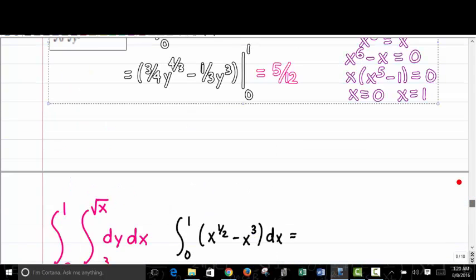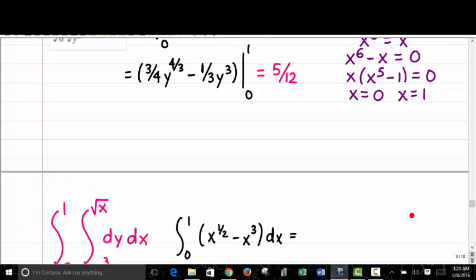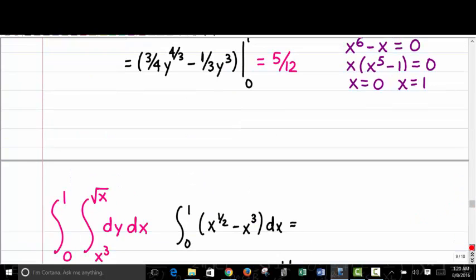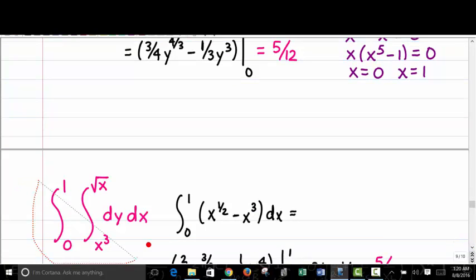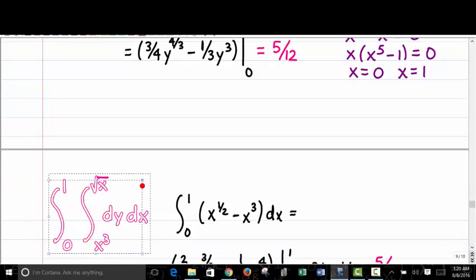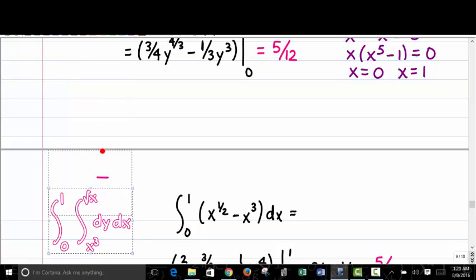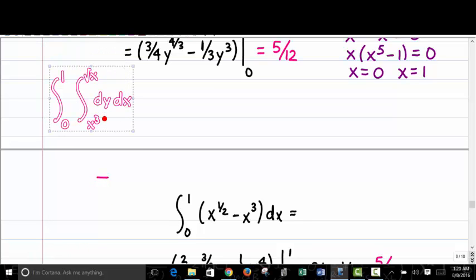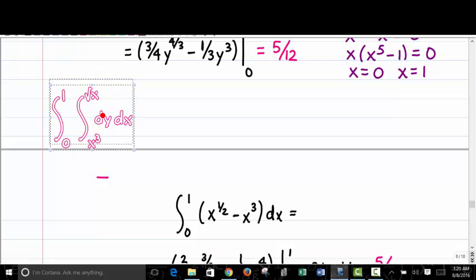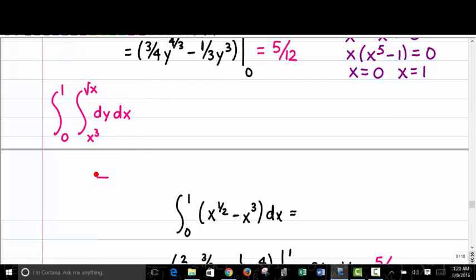And well, let's look at that setup. Let's just mainly look at the setup more than working it out. I think you'll be able to work it out just fine.